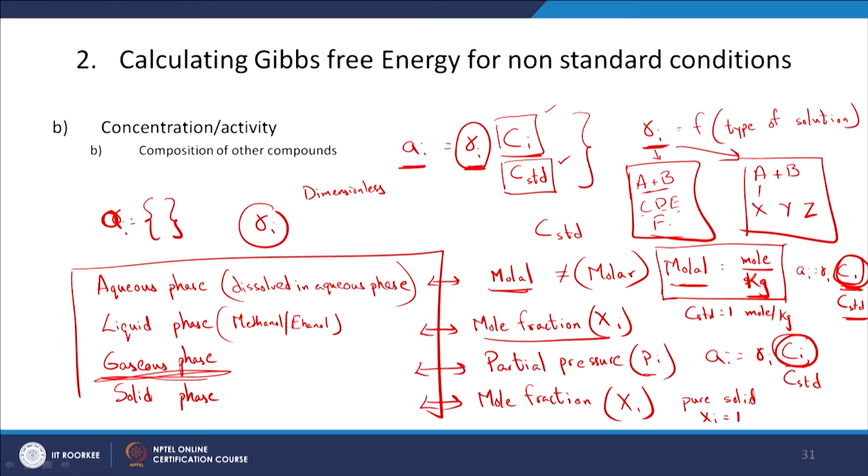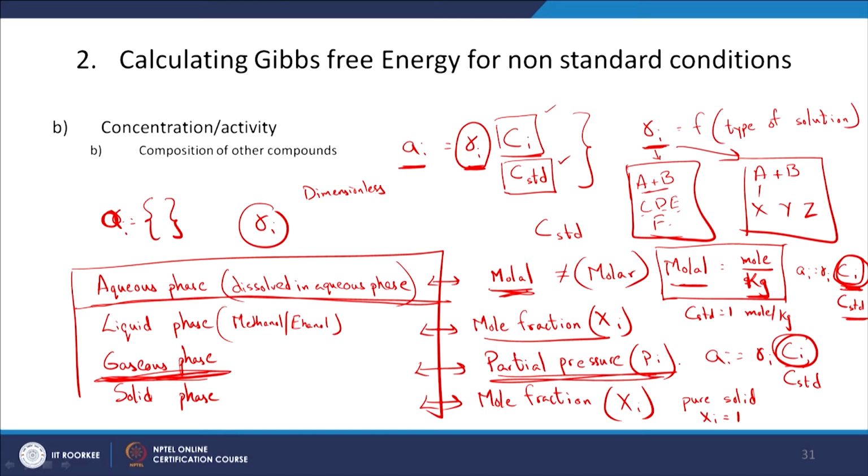So these are aspects that you need to keep in mind, but in general, at least in the engineering systems, we usually come across the aqueous phase. So keep in mind that you need to look at the molal concentration when you write that, and in the gaseous phase, which is something we again come across usually, you will need to define your concentration in terms of the partial pressure. So this is the take home message here.